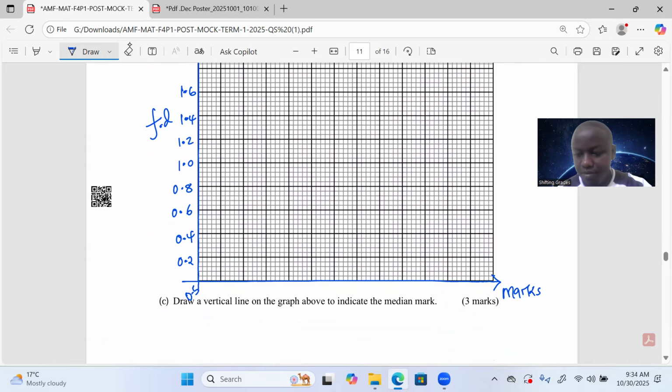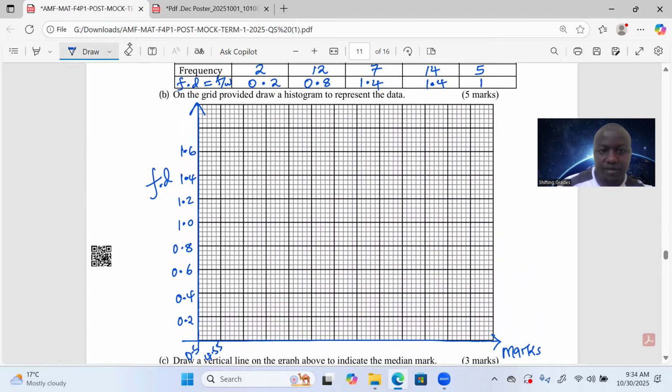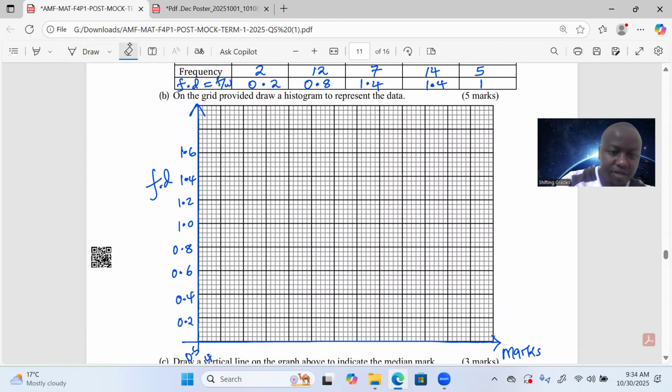To accommodate 49 with intervals of 5, we will need 10 squares. Have I really used the right interval?